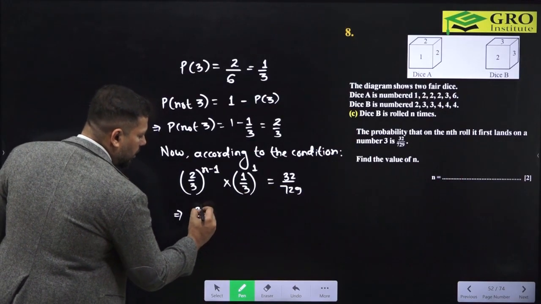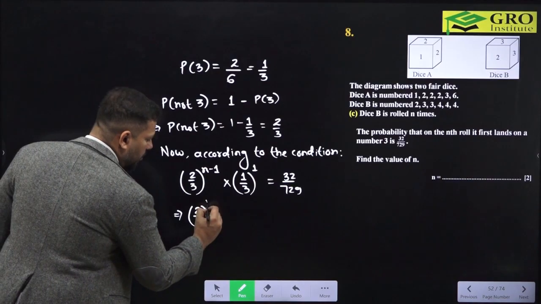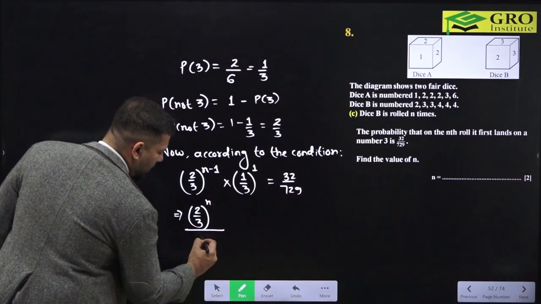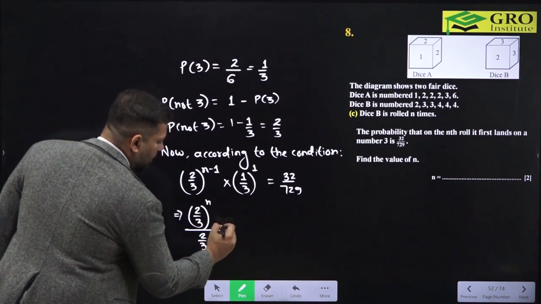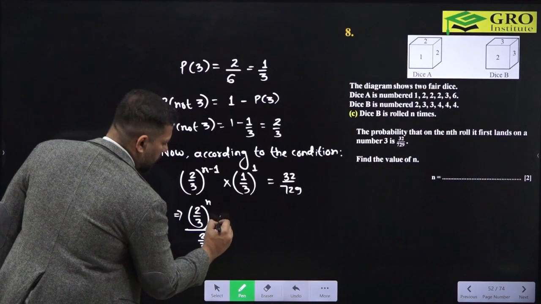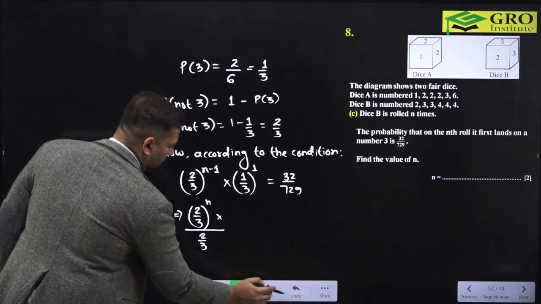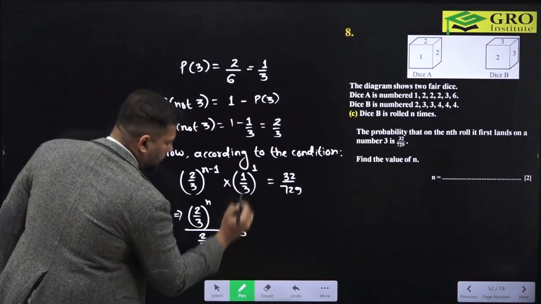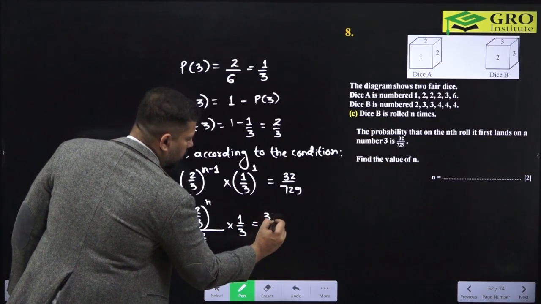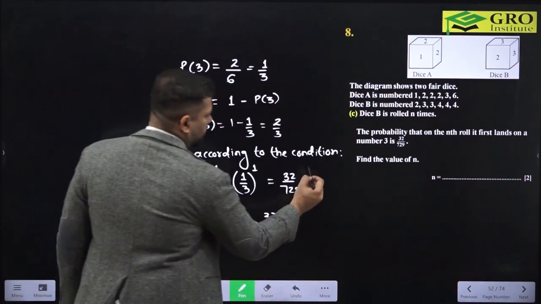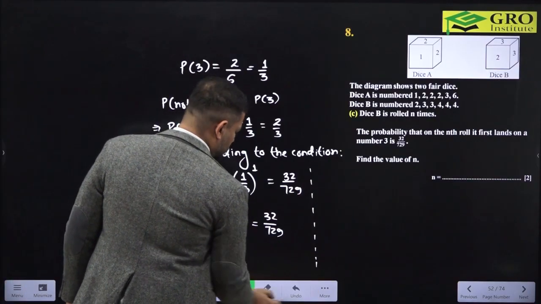2 by 3 raised to power n minus 1, we can write it as 2 by 3 raised to power n upon 2 by 3, multiplied with 1 by 3, is equal to 32 upon 729. Let us further solve it.